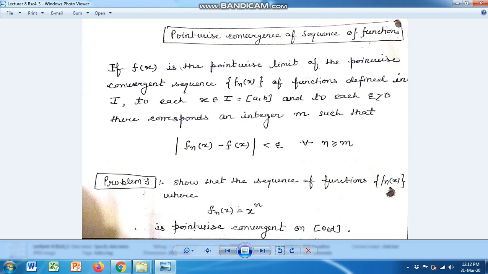Again put x equal to 1 here. f_n(1) is equal to 1 to the power n, and for n equal to 1, 2, 3, 4, 5, 6 and so on, we get a sequence 1, 1, 1, 1, 1, 1, 1, which is also convergent.